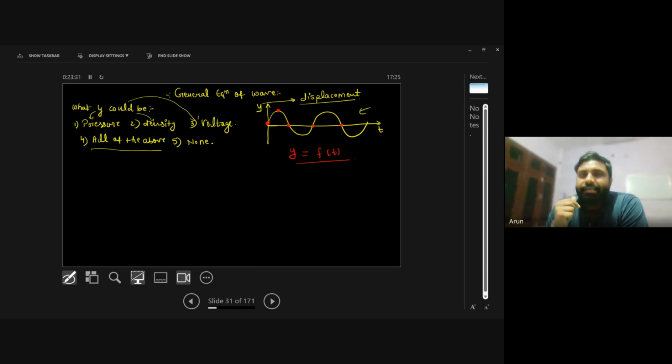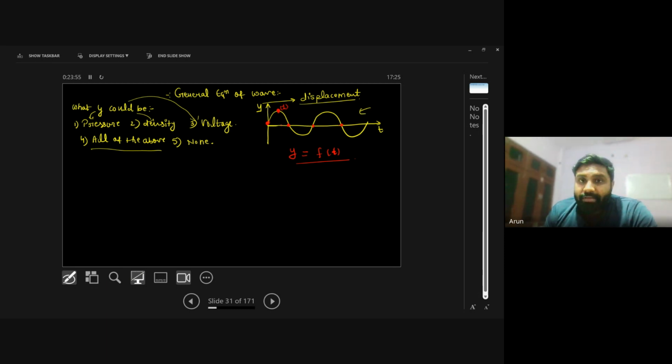Let me tell you once again. If I want to know the displacement equation of this particle, let's say particle number 1, is only time needed, or anything else?